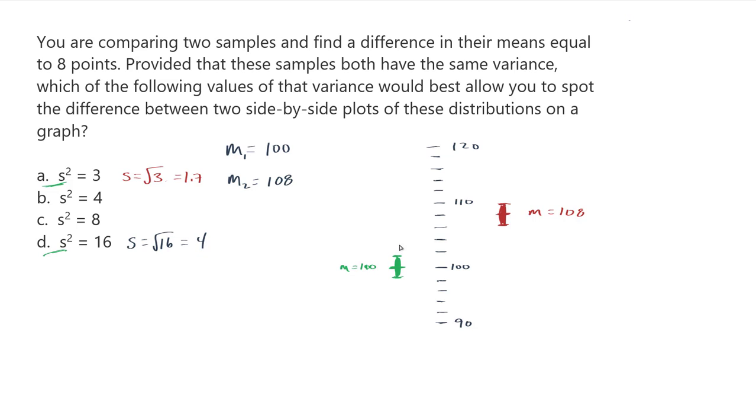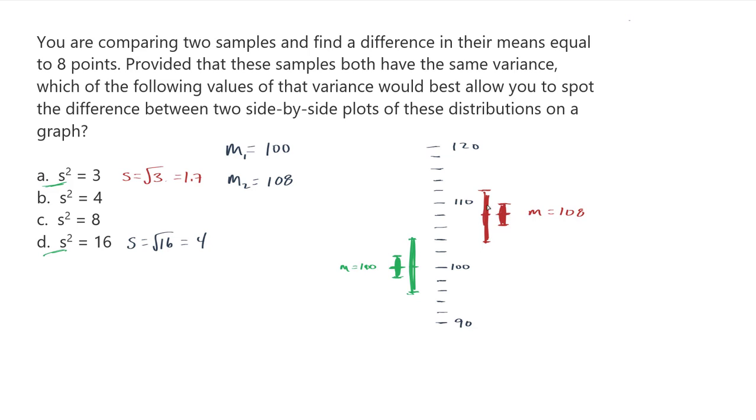If I'm going to be within 4, that puts my first distribution looking like this, and my second distribution is going to be here, 2 below and 2 above.